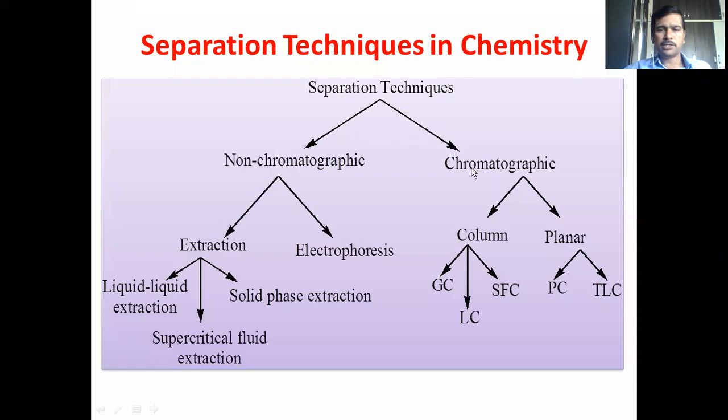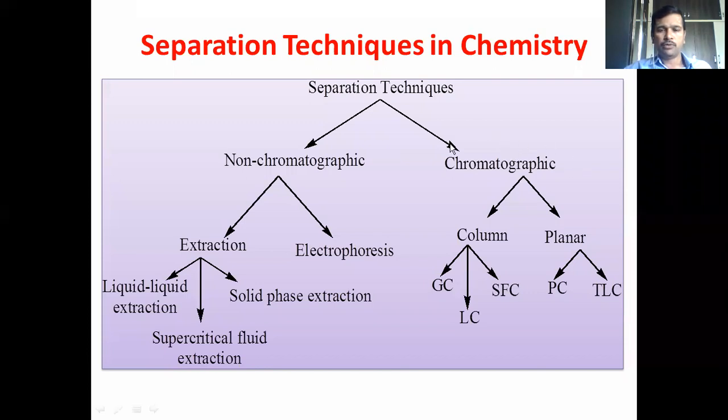This classification is because nowadays, chromatographic techniques are highly sophisticated. Of course, although they are highly sophisticated, they are very, very sensitive, and even a small number of samples may be required to complete the separation process, and adequate results are obtained with accuracy and precision.